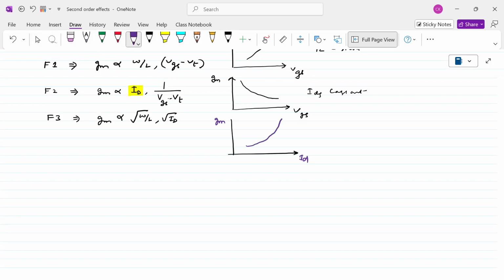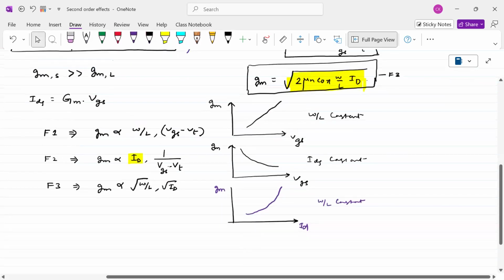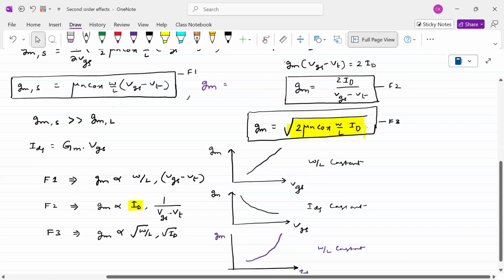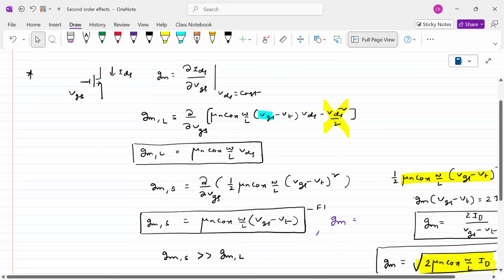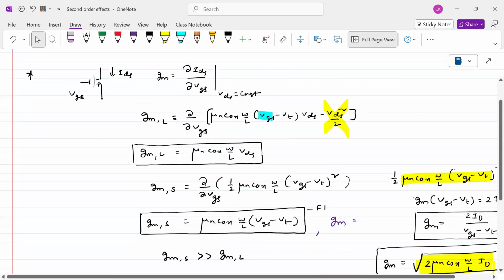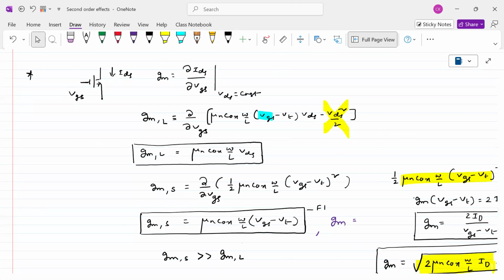If the ID value increases, the GM value also will increase, provided the W by L ratio is constant. Is the point clear to everyone? So GM has three forms, and according to your convenience, you have to use one.